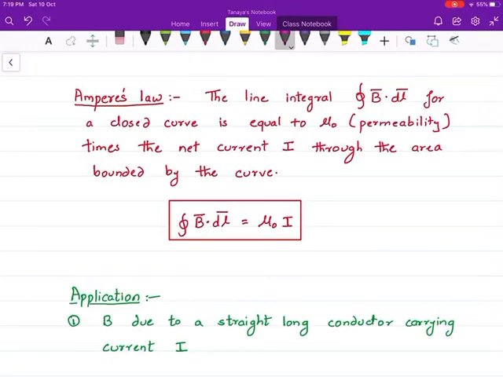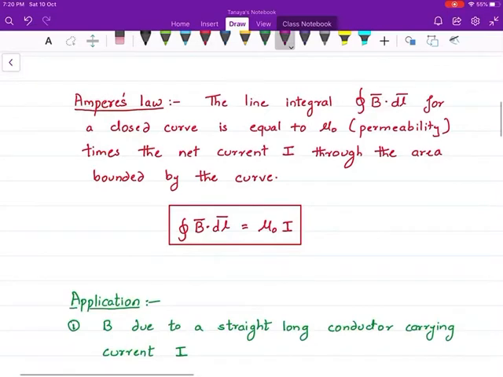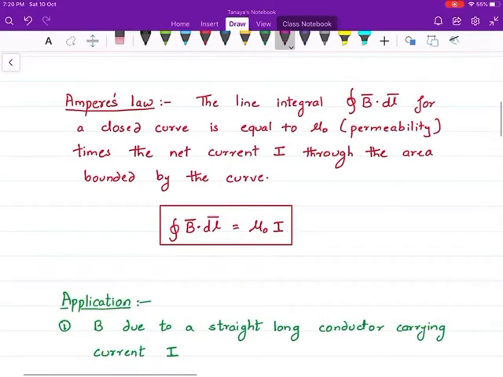There we had distributions of charges, but in magnetism we do not have magnetic monopoles, is it not? So we work over the distribution of currents, because we know we get a magnetic field whenever there is current flowing, right? So this is Ampere's law, which is very much similar to the Gauss law in electrostatics.